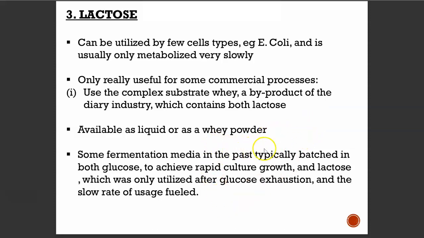Some fermentation media in the past were typically batched with both glucose to achieve rapid growth and lactose, which was only utilized after glucose exhaustion, at a slow rate of usage. Glucose is easily used by them, but not lactose, which has to be degraded first for them to consume.